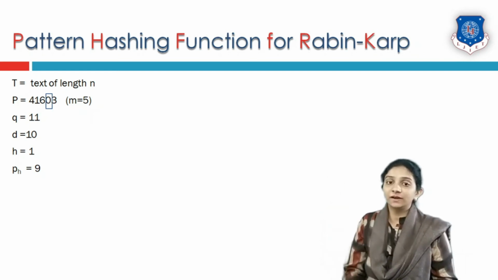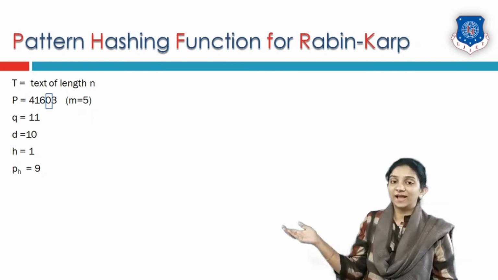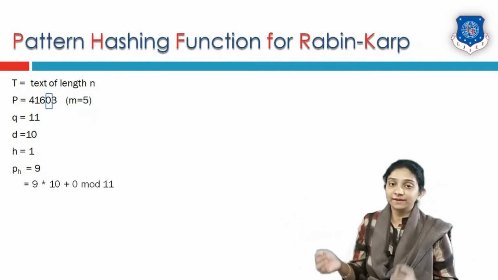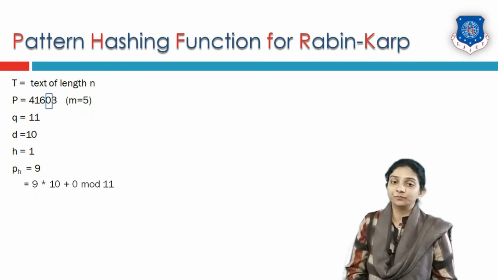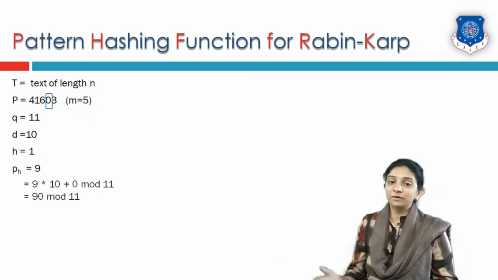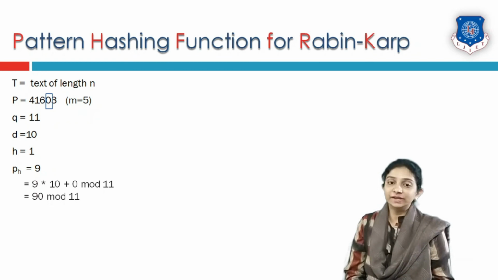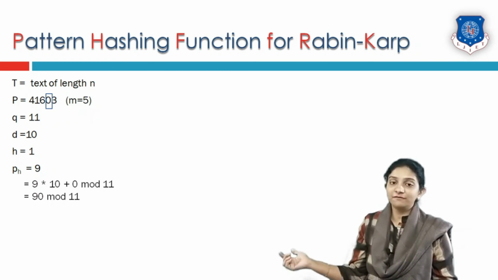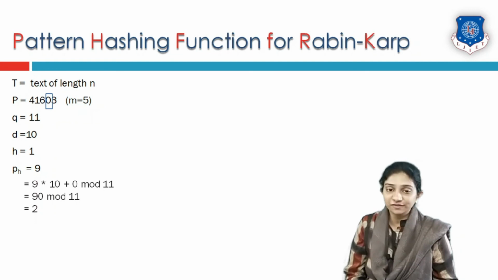Now let us take the next character, which is 0. The value 9 is multiplied with 10 and the next character 0 is added. So this will be 90 mod 11. The maximum value in the table of 11 is 11 eights, which are 88. If I subtract 88 from 90, we get a remainder of 2. So 90 divided by 11 has remainder 2.